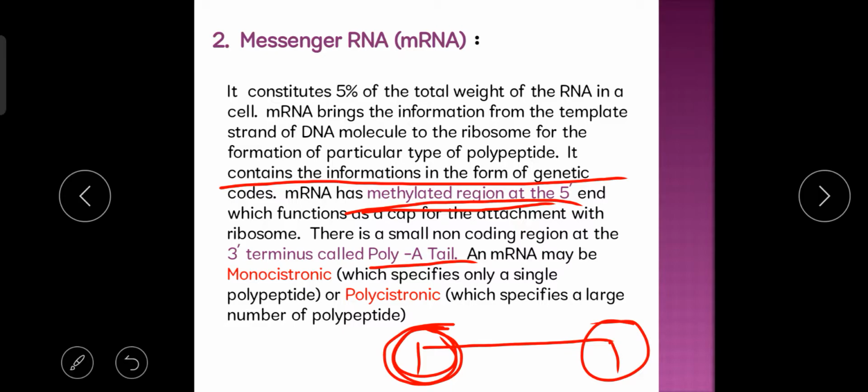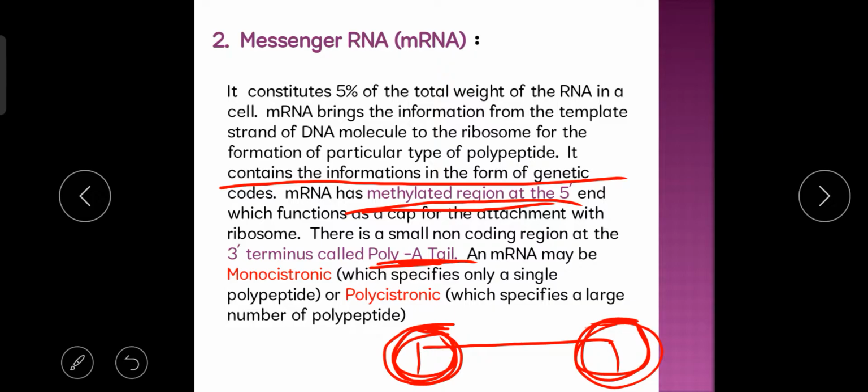So here you only have to remember that in messenger RNA, in the 5' end the capping is present, and that cap is made up of the methyl group, and in the 3' end many adenylate residues are present, because of which this is called the poly A tail. Poly means many, A for adenylate, tail means the tailing, the last part of the messenger RNA. These 2 points are very important. Remember, the capping and tailing, these 2 parts are very important.